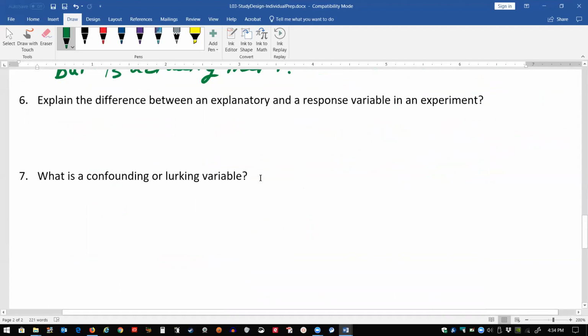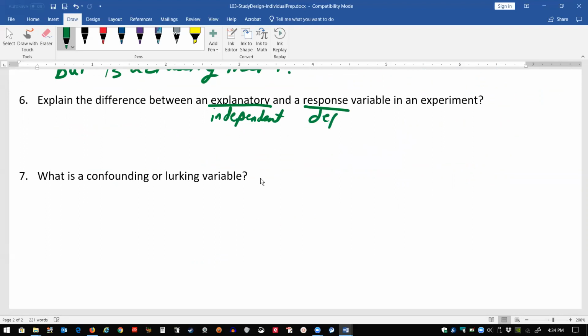And so we only have a couple more things in this lesson left. First, typically in a study, you have two types of variables that are of interest. You have the explanatory variable, that's often referred to as the independent variable, and you have the response variable, which is the dependent variable.